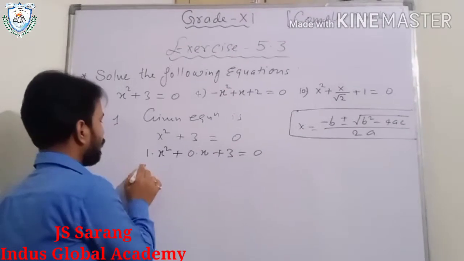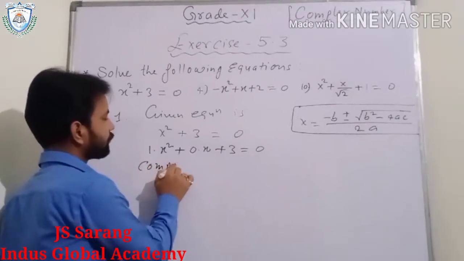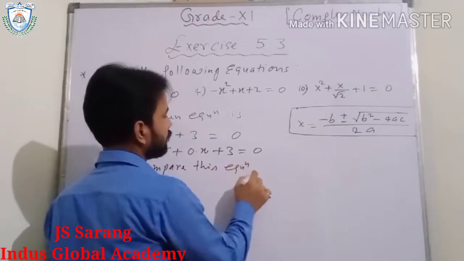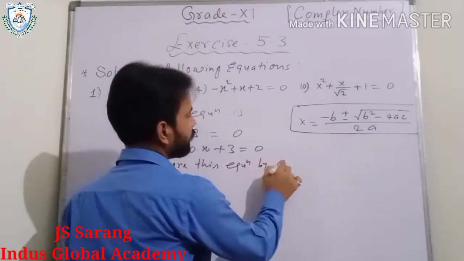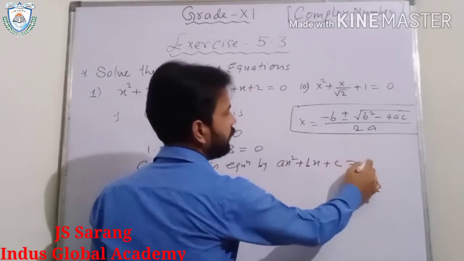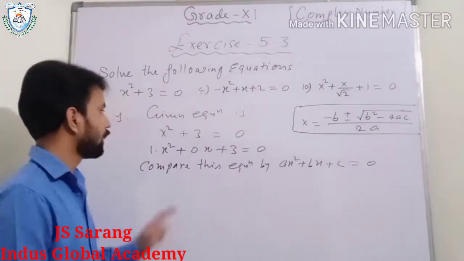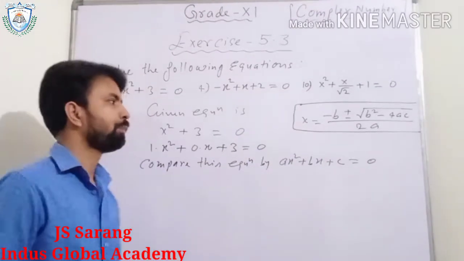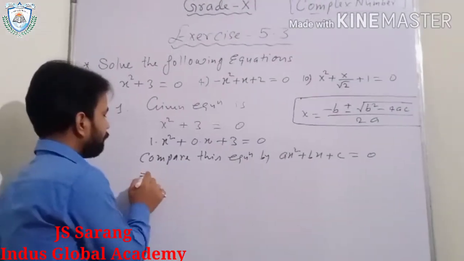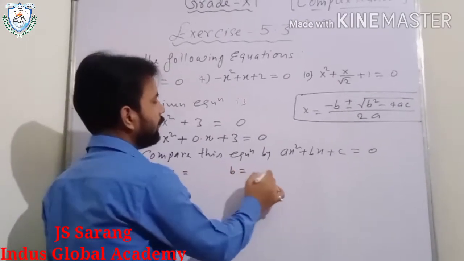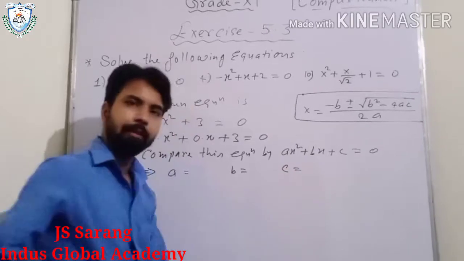Now we will compare this equation by ax square plus bx plus c equal to 0. Okay. When we compare, we will get the value of a, value of b and value of c.